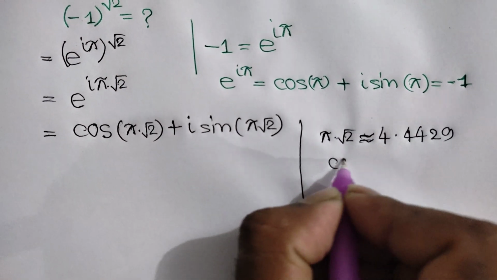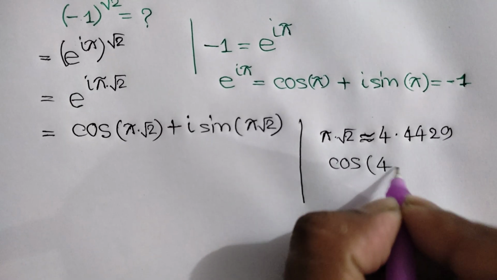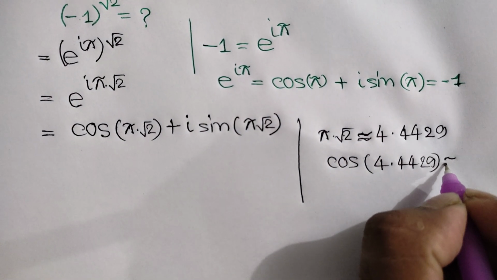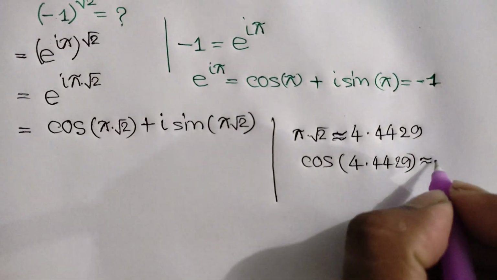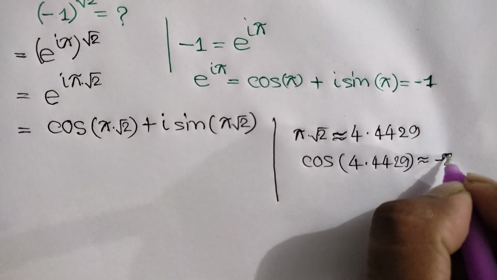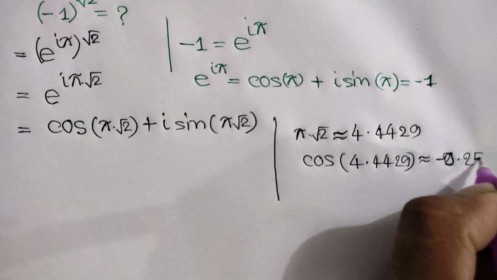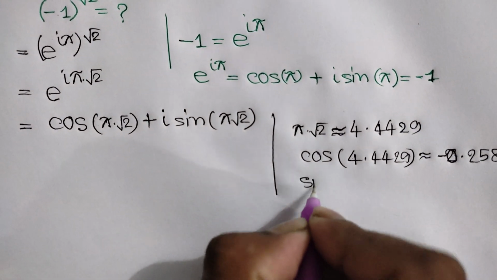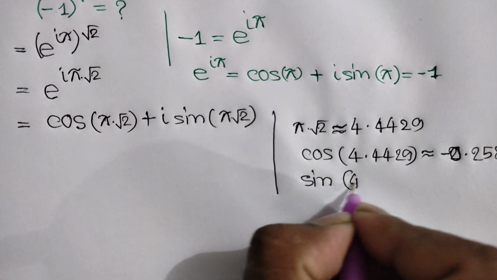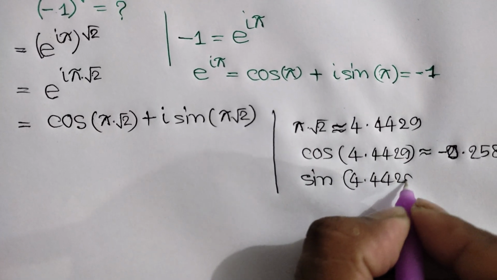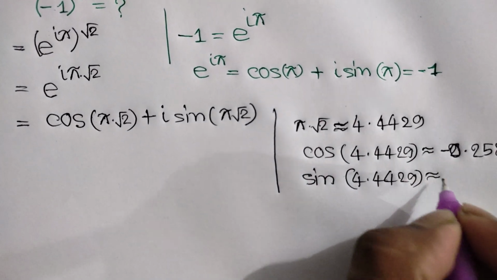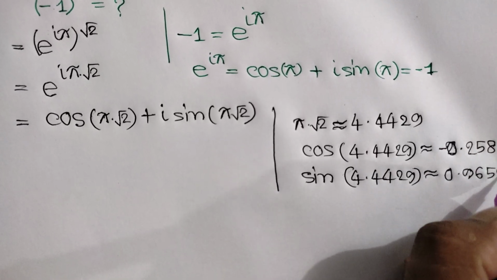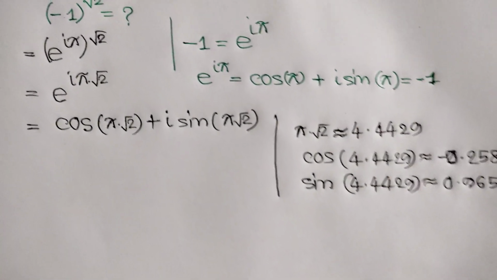So cos of 4.4429 is minus 0.2588, and sine 4.4429 is 0.9659.